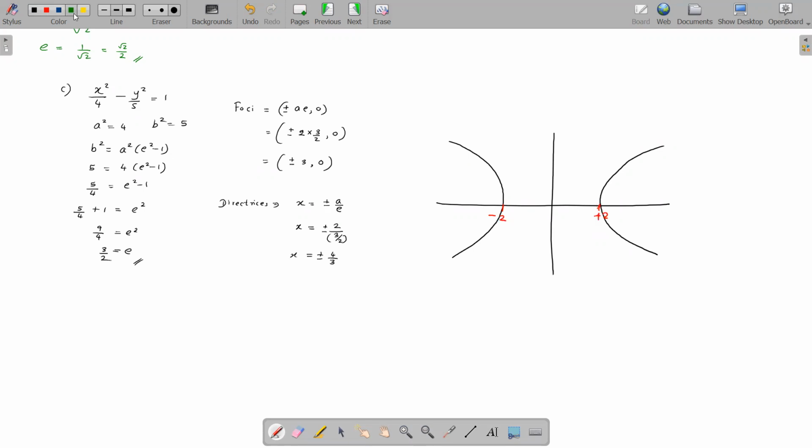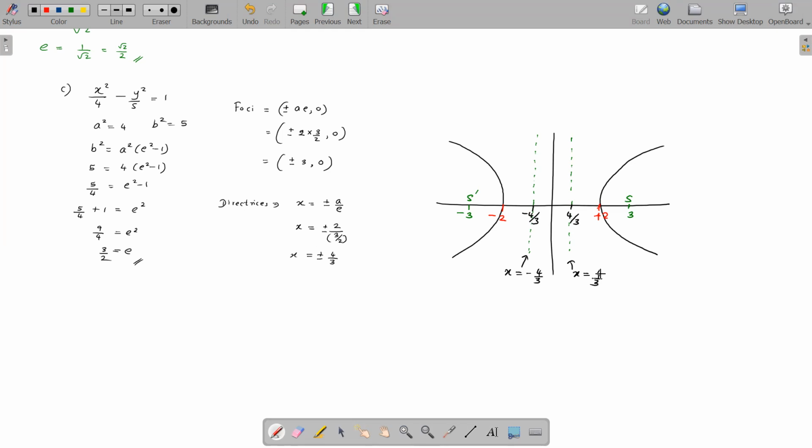The foci are at plus or minus 3 comma 0. This is S, and S dash is at minus 3. And then the directrices. There are two directrices, right? The first directrix is at x equals 4 over 3. The other one is at x equals minus 4 over 3. These are the two directrices.